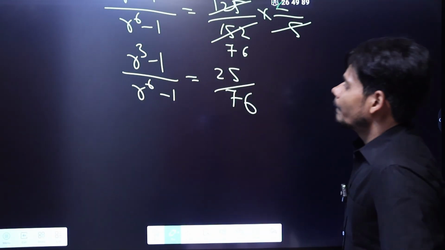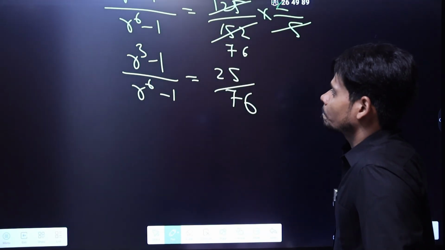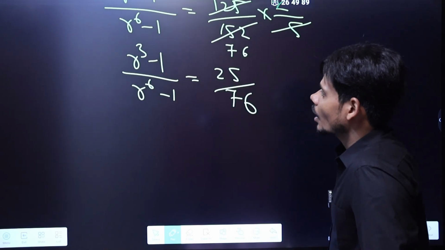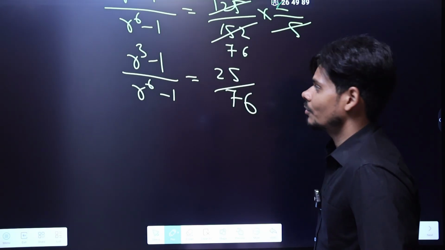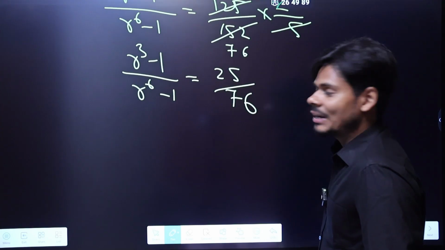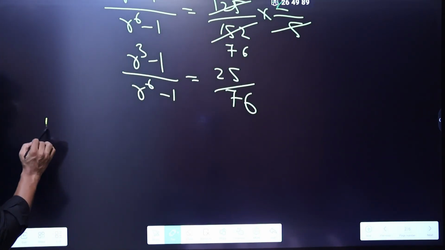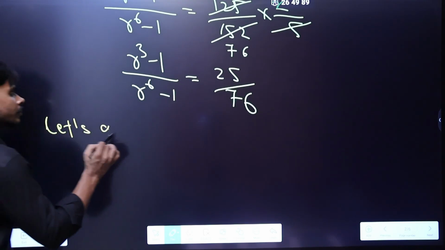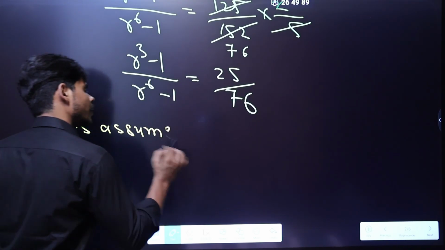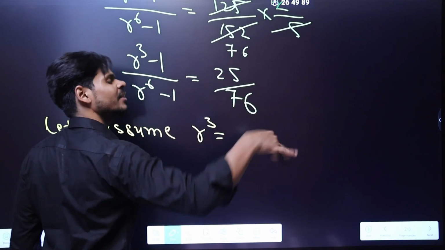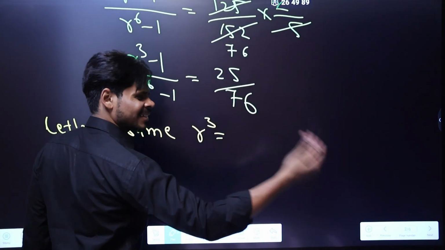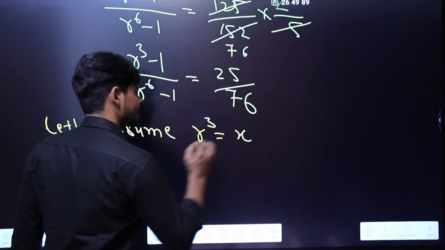Let's analyze. If we cross multiply, we will get an equation of power 6, which is very difficult and complex to solve. So what you can do is assume R raised to power 3 as any other variable, x, y, z, t, p, whatever you want to write. Let's say it is x.